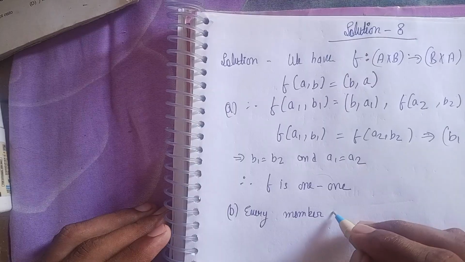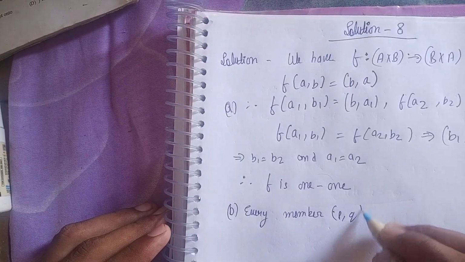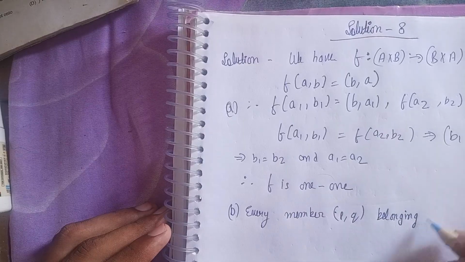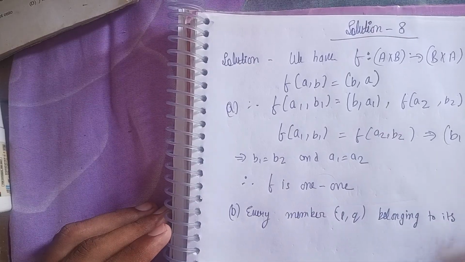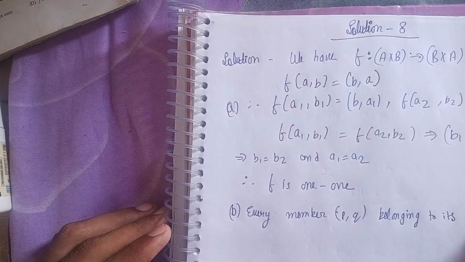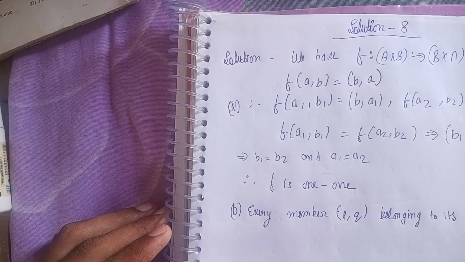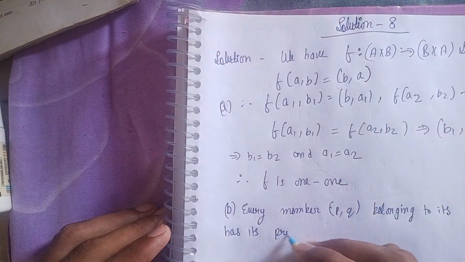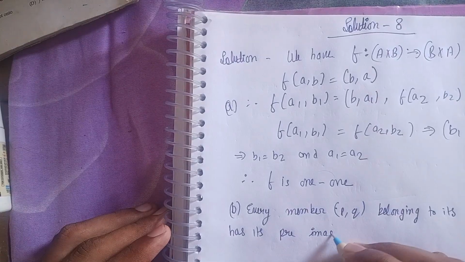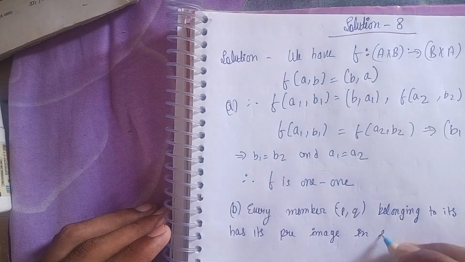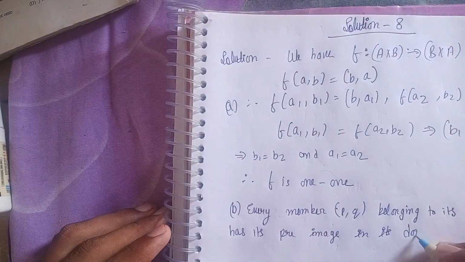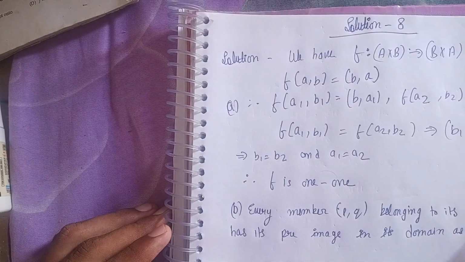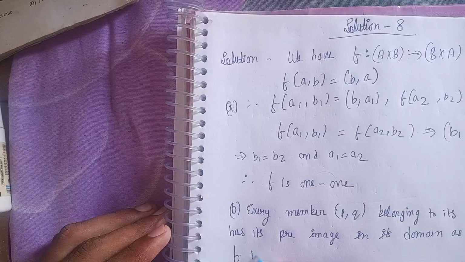Now, every member (p, q) belonging to its codomain has its preimage in its domain as (q, p). f is onto.